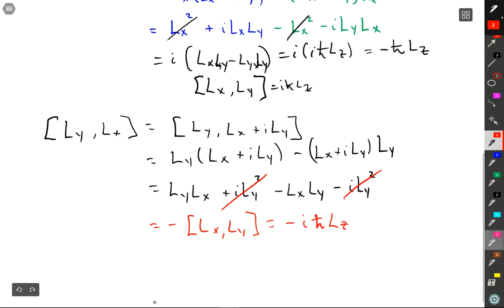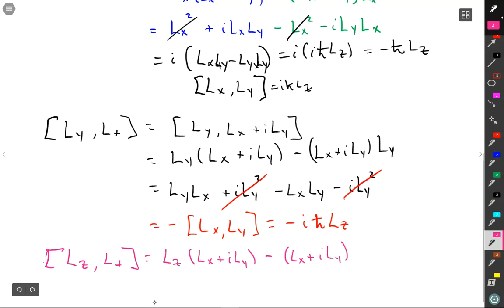Finally, and I left myself enough space for this, hot tip. What if I did Lz, comma, L plus? Now nothing subtracts out. Maybe I didn't leave myself enough room.